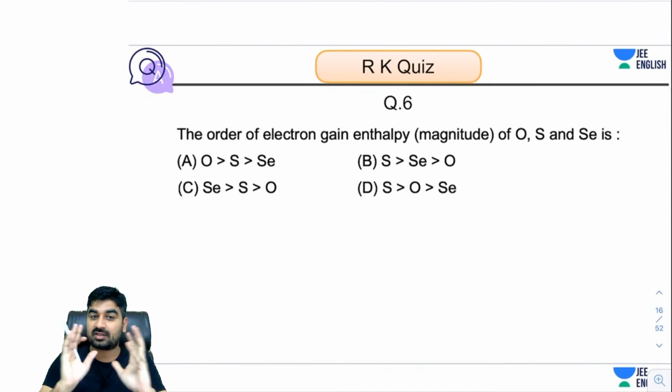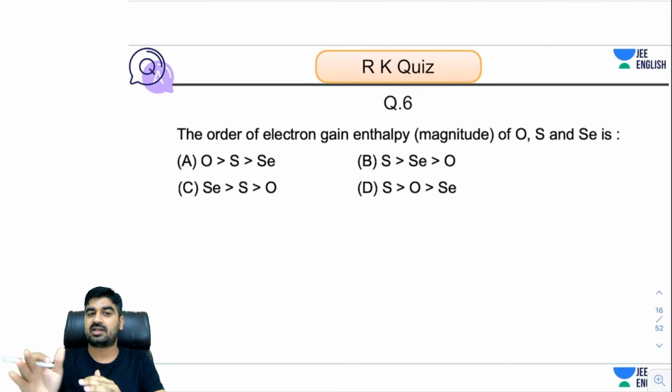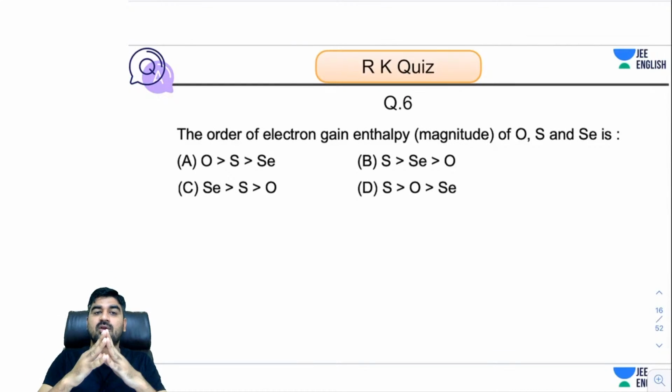Now solve it the similar way we did the last problem. Just arrange these elements according to their position. Arrange them. The order of electron gain enthalpy, magnitude: they are asking the magnitude for oxygen, sulfur and selenium.